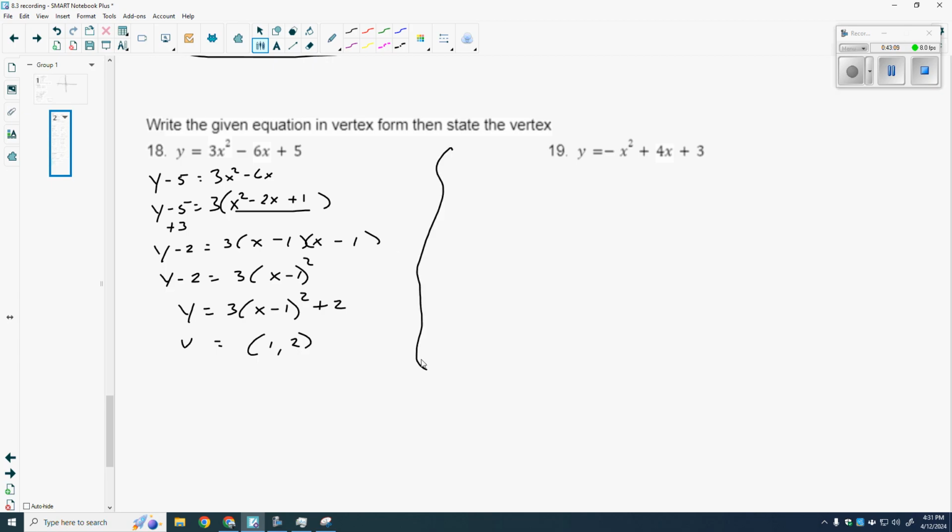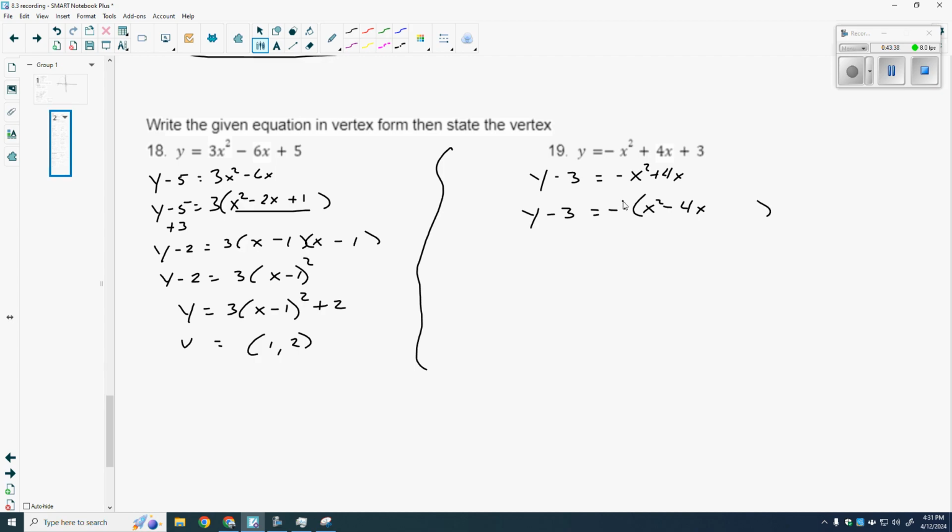Hit pause, try number 19. Okay, taking the 3, moving it over here, becomes y minus 3. The coefficient of x squared this time is a negative 1, so I'm going to divide out a negative 1. That becomes x squared. The 4 was positive, now it becomes a negative 4x.